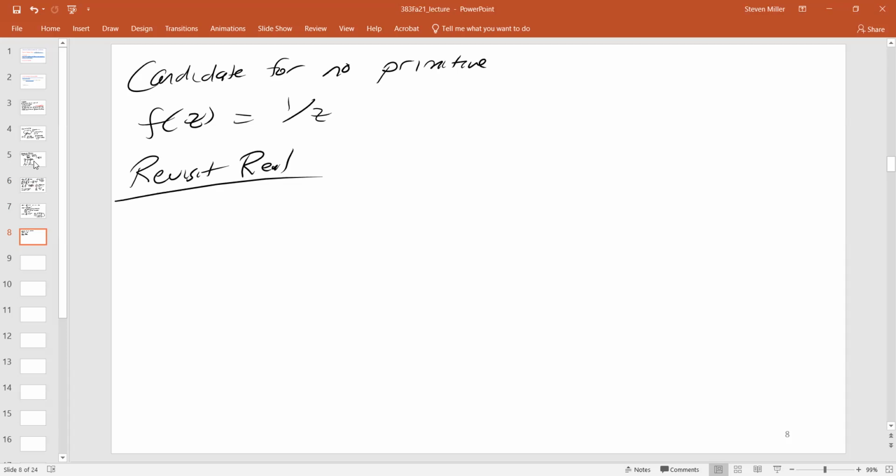Whenever you're having trouble in complex analysis, try to go back to real analysis and try to build some intuition. If I gave you the function f of x equals 1 over x, do you know any function whose derivative is 1 over x? Log of x.